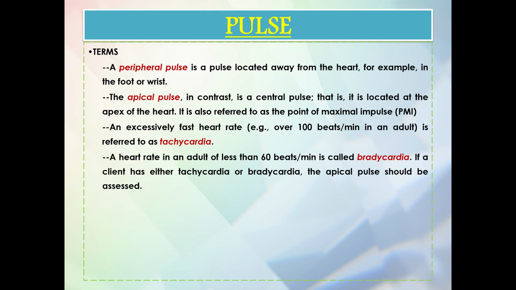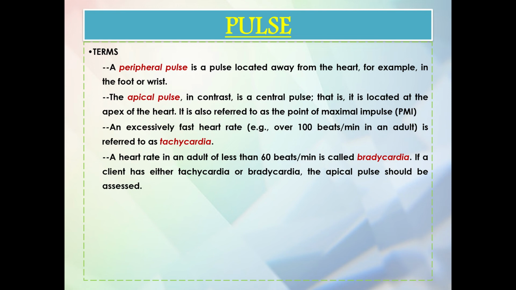A heart rate in an adult of less than 60 beats per minute naman is called bradycardia. So opposite ng tachycardia is bradycardia. So that is a heart rate or pulse rate of less than 60 beats per minute in adult.